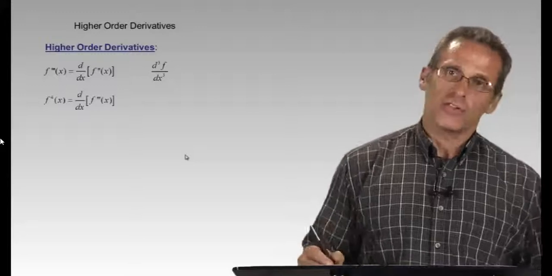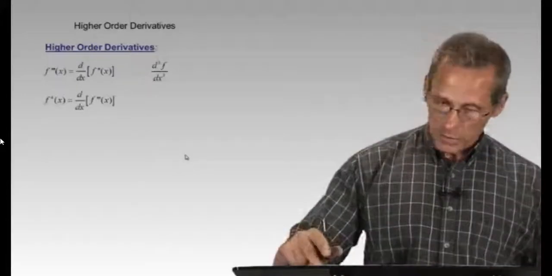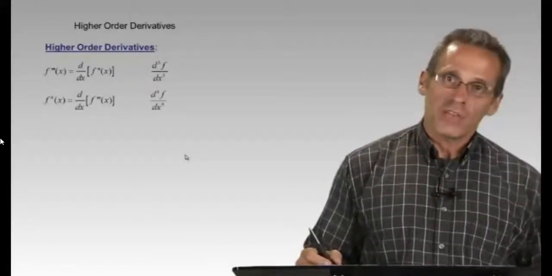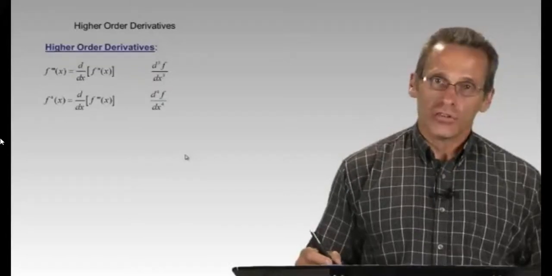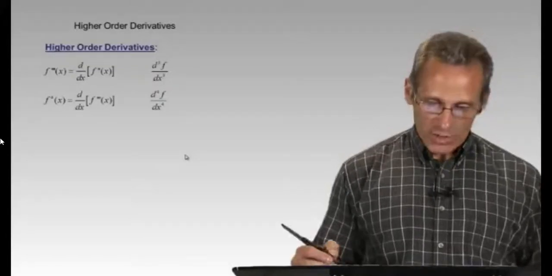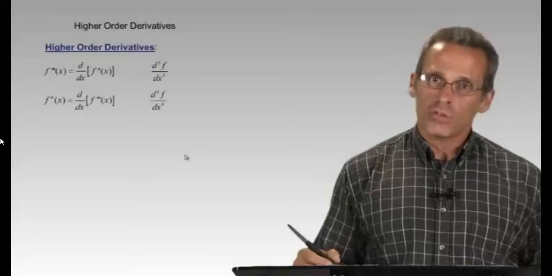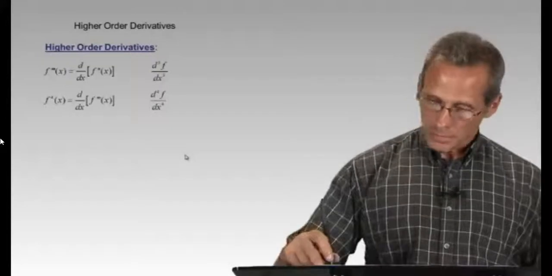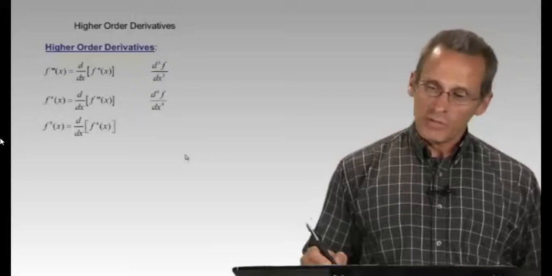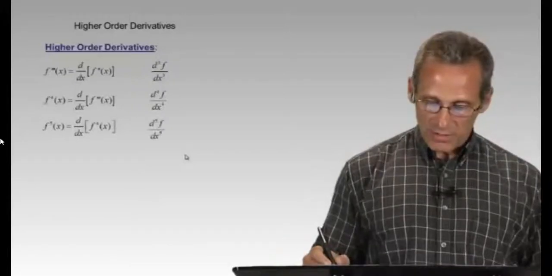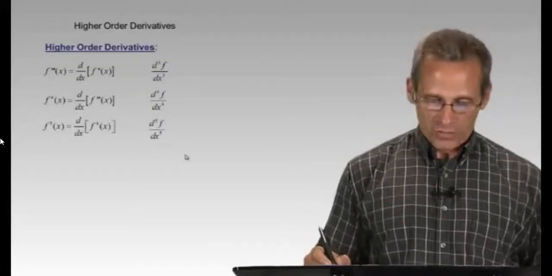A fourth derivative is the derivative of the third derivative. Take the derivative of f with respect to x, you differentiate that, you get a second derivative. Differentiate it again, you get a third derivative. We're looking at a fourth derivative down the line. The fifth derivative is the derivative of the fourth derivative. Read the fifth derivative of f with respect to x.